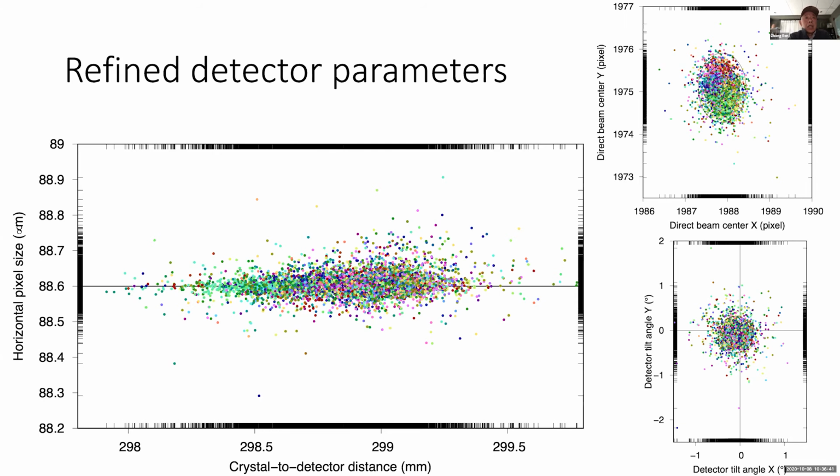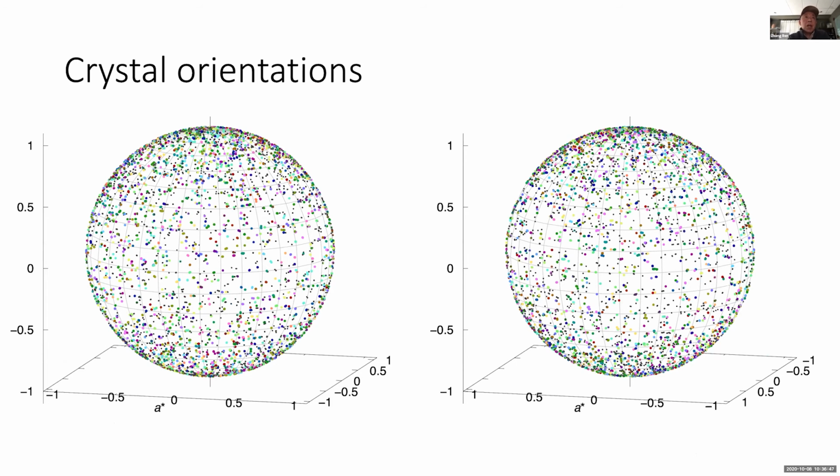This is, again, an orientation distribution. It looks like there might be some preferred orientation. But since you have so many crystals, there's no reciprocal space consistently missing chunk.